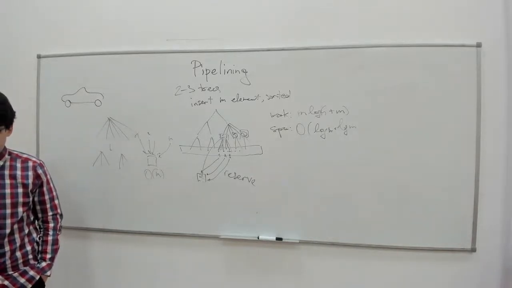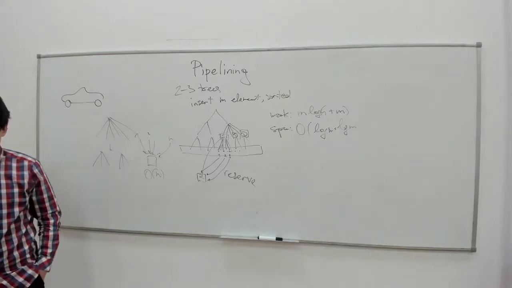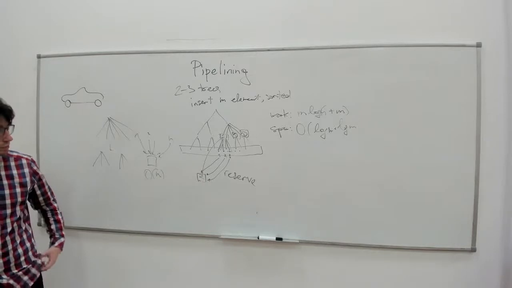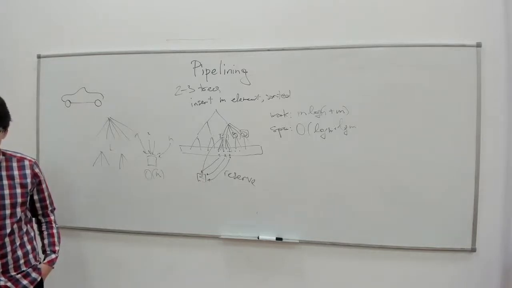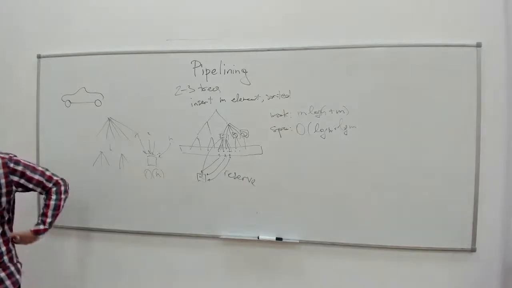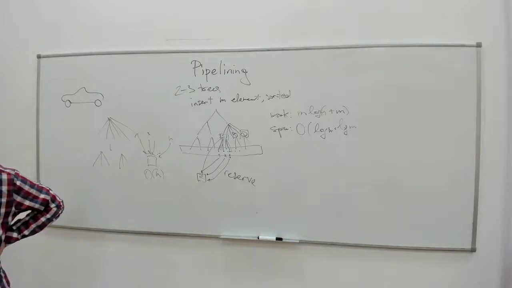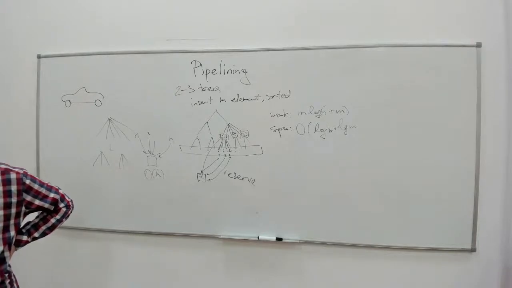Split our tree on the leftmost element of those we insert and the rightmost element, and on the elements that we want to insert, we just build a separate tree. So we have 3 trees that we have to merge in some way.